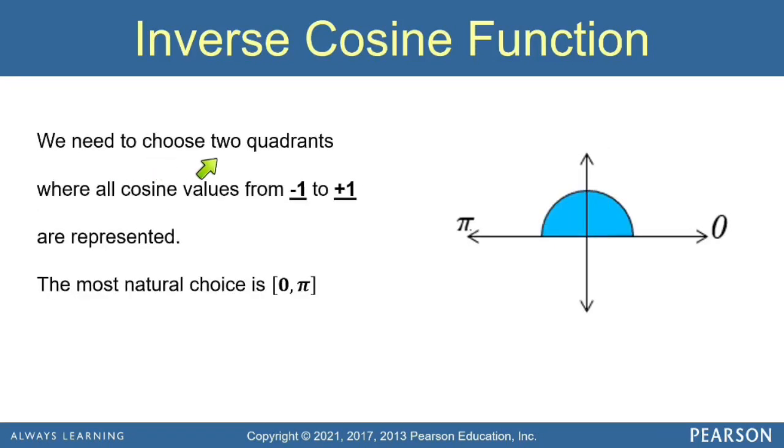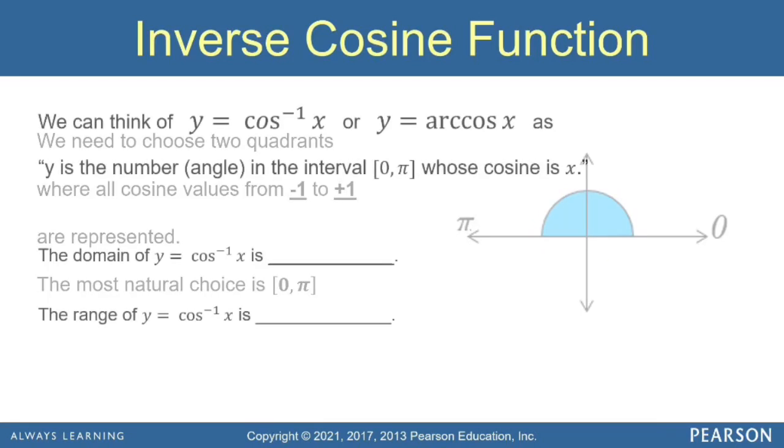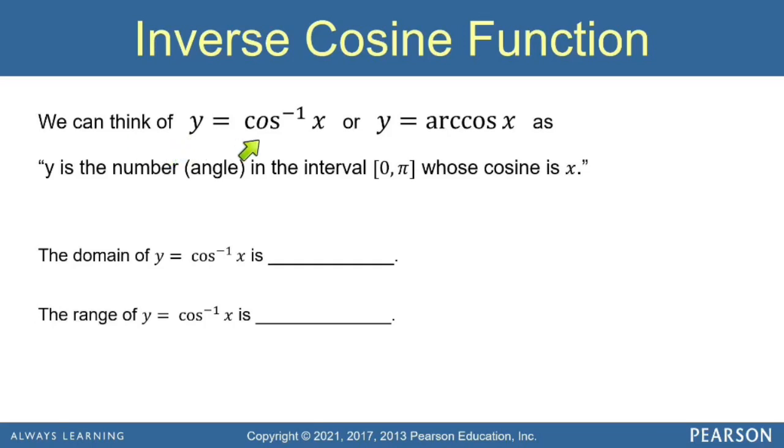We need to choose two quadrants where all the cosine values from negative 1 to positive 1 are represented. And the most natural choice for that is 0 to pi radians. So that would be quadrant 1 and quadrant 2. So we can think of y equals cosine inverse of x, or y equals arc cosine of x, as saying y is the number or angle in the interval from 0 to pi radians whose cosine is x.